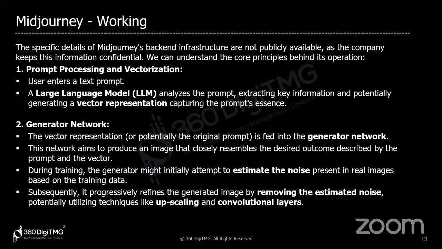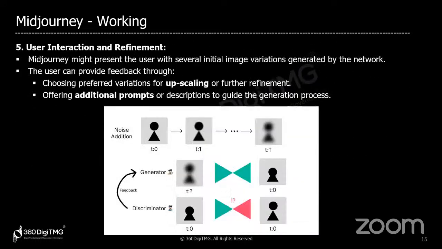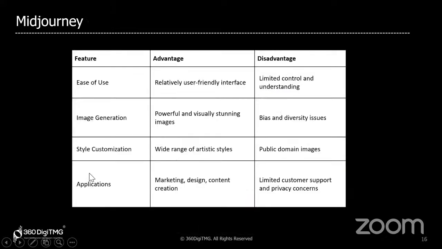These are the working procedures of it. We are using encoder decoder architectures, and from that a GAN architecture, which is a generator and discriminator. These are all the advantages and disadvantages of the Midjourney tool.